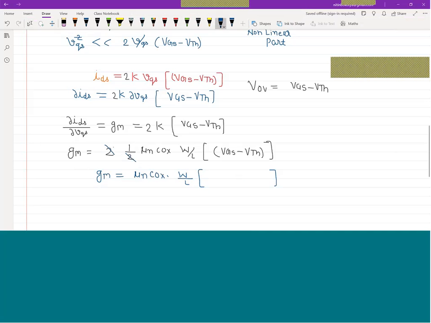So I can say (VGS minus VTH) whole square is equivalent to IDS divided by 1 by 2 mu n into COX into W by L, under root of this will make sense.